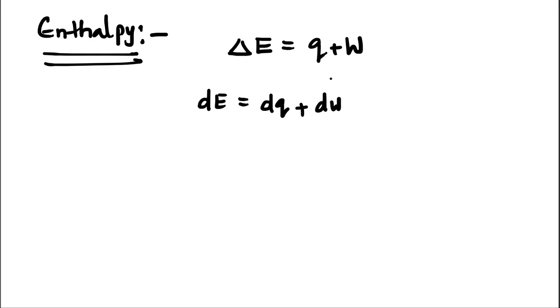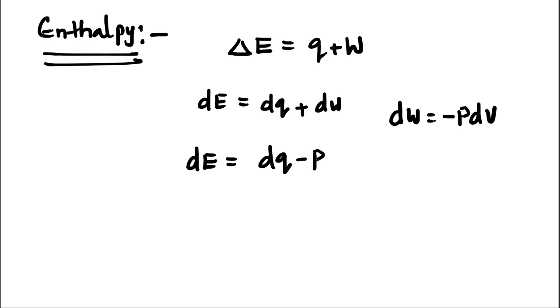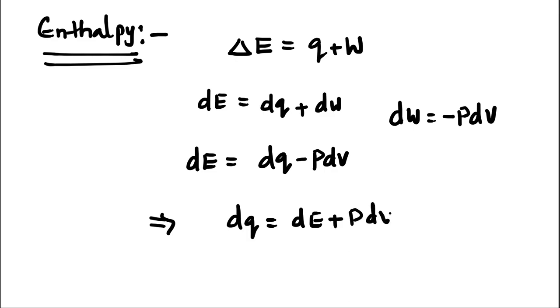And we know the expression for dW. What is that? dW is equal to negative PdV. Just substituting this, dE is equal to dQ minus PdV. So from this I can write dQ is equal to dE plus PdV.